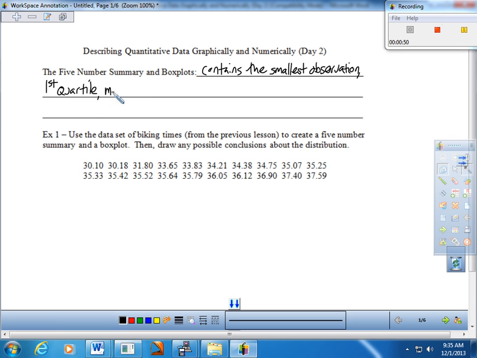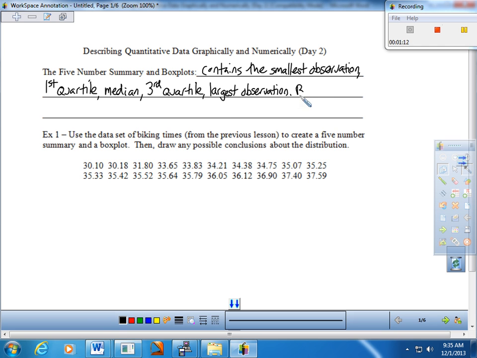Next value is going to be the median. Next, of course, would be the third quartile. And the last value in our summary would be the maximum, the largest observation. So those are the 5 values in a 5-number summary, talking about a data distribution.